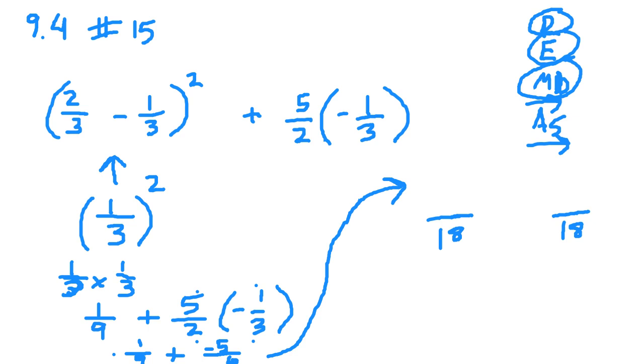So we take 1/9 times 2/2. Our new numerator is 2 times 1, which is just 2. What about the negative 5/6? What do I need to multiply it by to get 18 in the denominator? You're going to use 3, because 18 divided by 6 is 3. Then 3 times 5 is 15, but we have negative 5 times 3, so that'll be a negative 15.